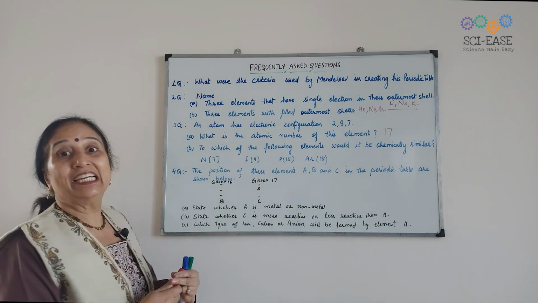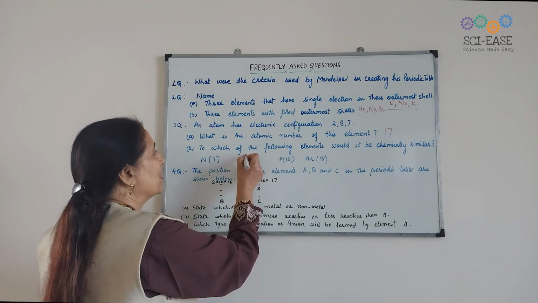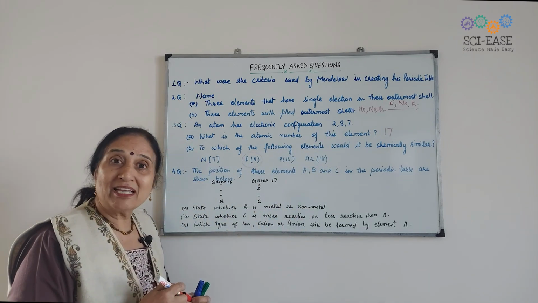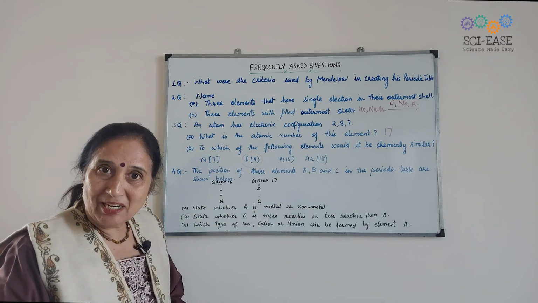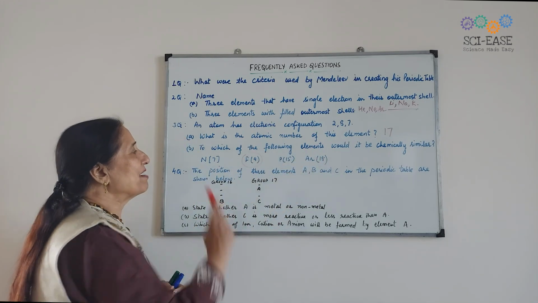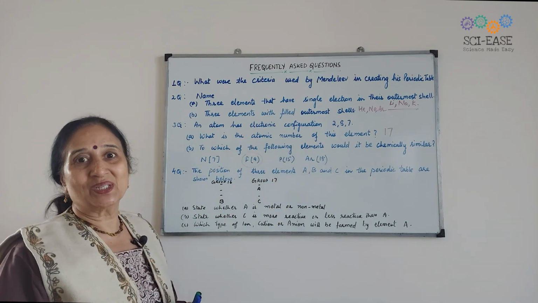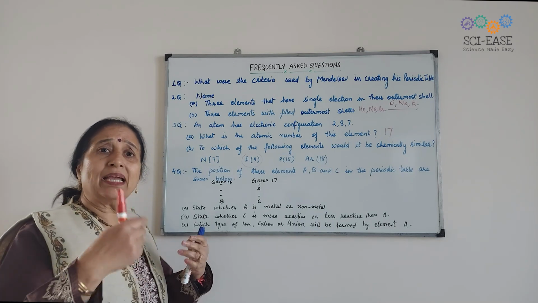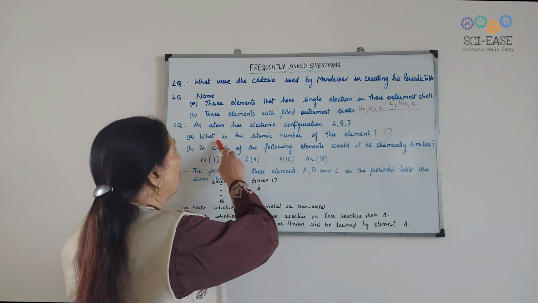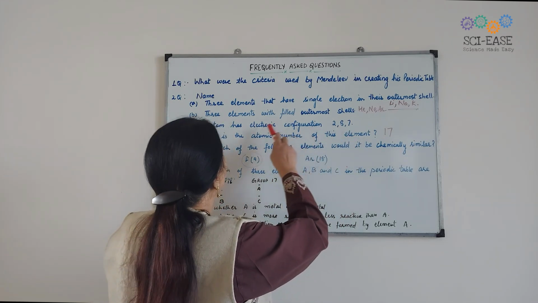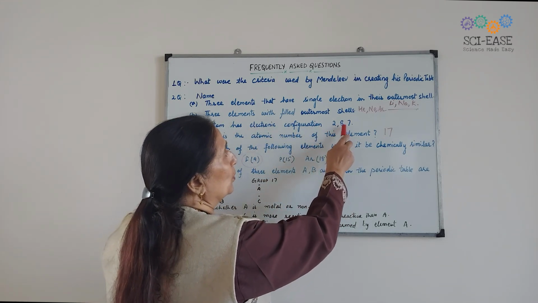So chemically it will resemble fluorine, because the element which has atomic number 17, that is chlorine, that is a halogen, and in the same way fluorine is also a halogen. So, such a question, they can ask you: what is the atomic number of the element which has electronic configuration 2, 8, 2?